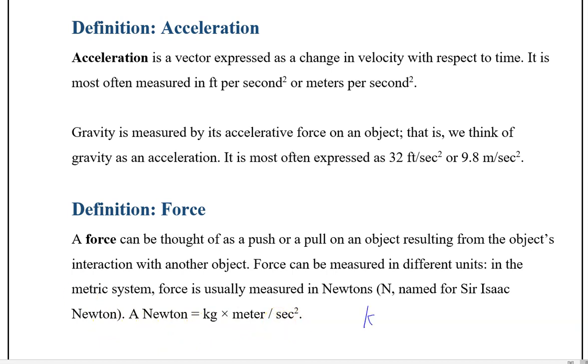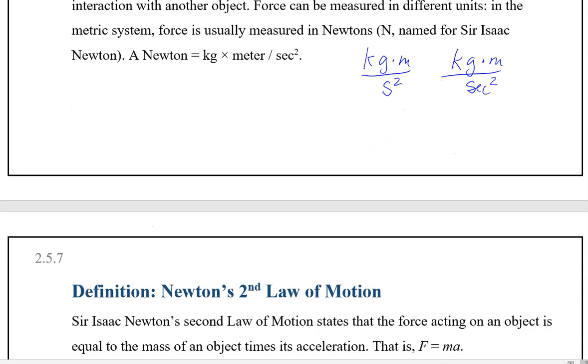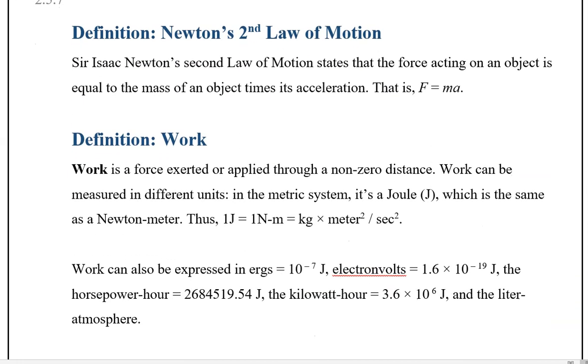It's often written as kilogram meters per second squared. You'll see it as S squared, but you'll also see it sometimes written as SEC squared, which still stands for seconds and not secant. What are some other ways that we can measure this? Let's talk about Newton's second law of motion now.